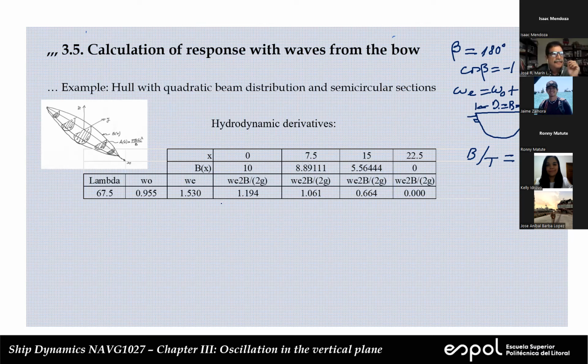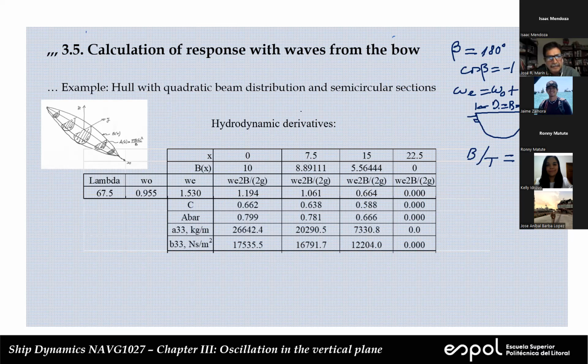So we have the section coefficient, which is π over 4. And then we have B over T, which is equal to 2. So we can proceed and calculate the C and A bar to calculate A33 and B33 for each one of the sections, specifically for this wavelength.